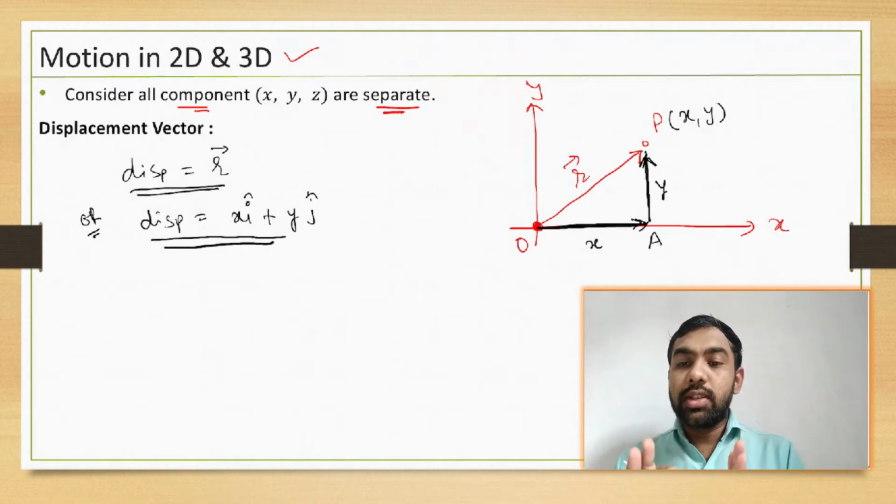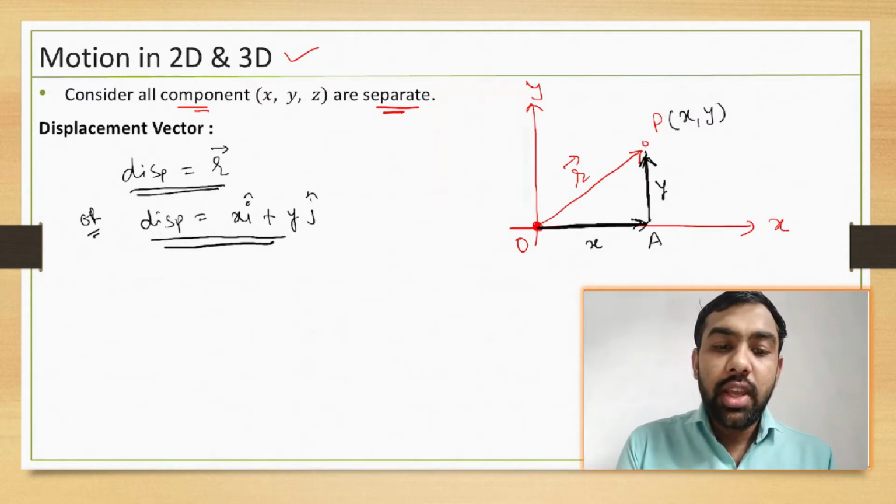This means that the displacement in this particular direction, represented by R or xi plus yj, is the same. All the components of displacement along the x, y and z axes can be considered separately, and if you take a summation you get the same answer.